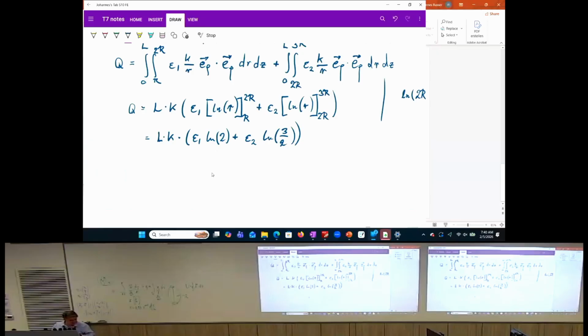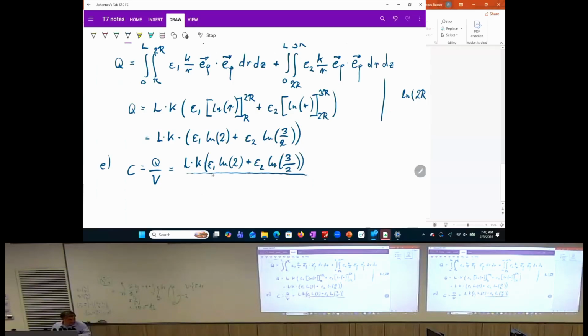Nice. Now, in order to get the capacitance, we have computed the voltage, we have computed the charge. Very easy at that point. We just have to take the ratio charge over voltage. That would be L times K times epsilon 1 ln 2 plus epsilon 2 ln 3 halves, the whole thing divided by the voltage, which is just K times phi naught.